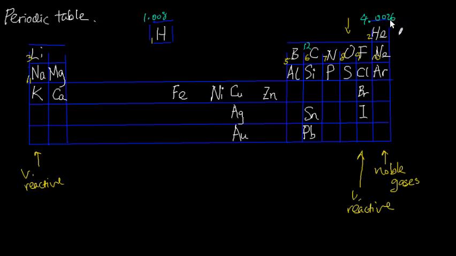Almost 4, but a tiny bit more. Okay, and for chlorine, you find that the mass number is actually 35.5. So just to give a few examples.